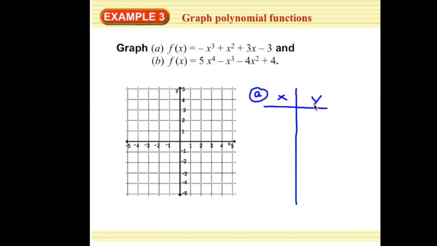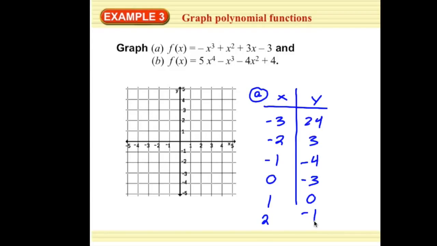So as I'm looking at this, if I plugged in the value -3 for x, I would get 24 for y. -2 for x is 3 for y. -1 for x is -4 for y, and so on. And I'm just doing that by taking the x value, plugging it into that equation just like we did in example 2, and solving for the y value. And this is giving me a set of coordinate points that I can then use to graph the function.